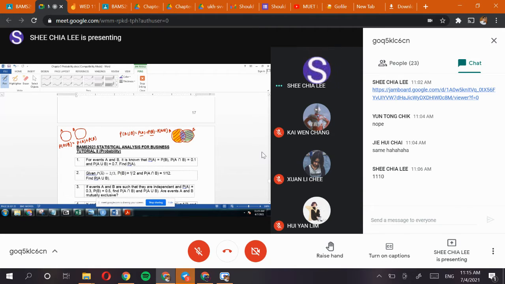Can you see or not? Initially we said we take yellow, blue, and green. Now if I say A union B, everything of A and everything of B, I take the yellow, blue, green, blue. Two times of the blue, you can see or not? That's why you have to minus one time of the intersect out.